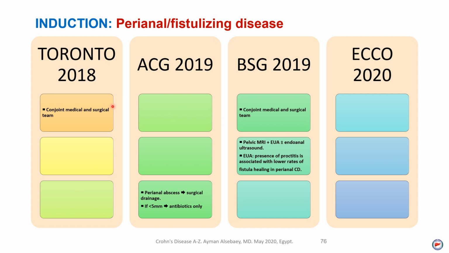I should do assessment for the fistula using examination under anesthesia and also using pelvic MRI with or without EUS. If there is abscess, it must be treated before medical therapy. If the abscess is small, it is usually treated with antibiotics, but if the abscess is large, usually we need surgical drainage or radiological drainage.